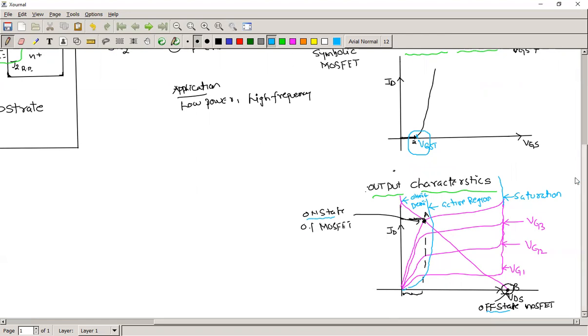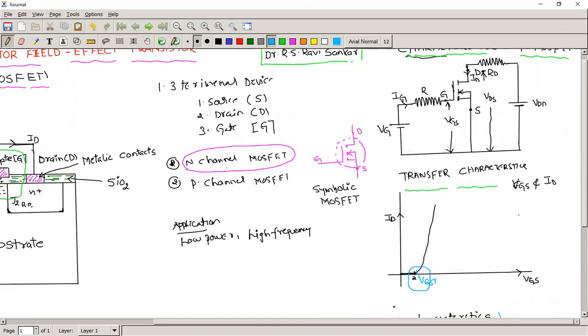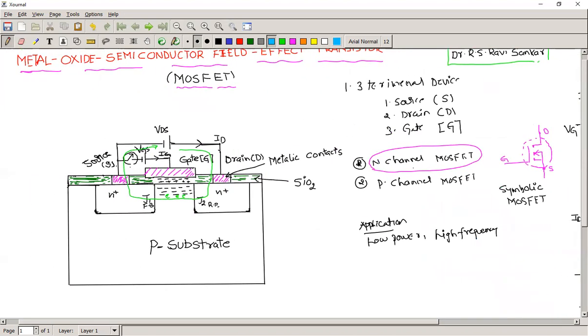Now here, the main disadvantage: it is a very simple MOSFET. Nowadays it is a very recent device, and so many modifications are there for the MOSFET construction. The main disadvantage of this simple construction is that it has a high amount of internal resistance for this N channel. So more power is wasted here.